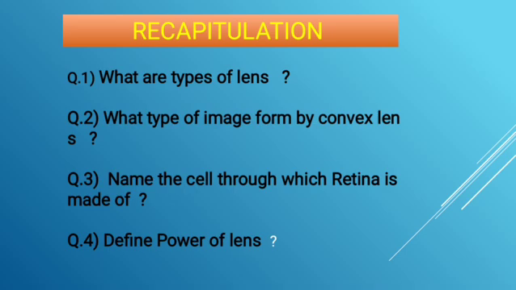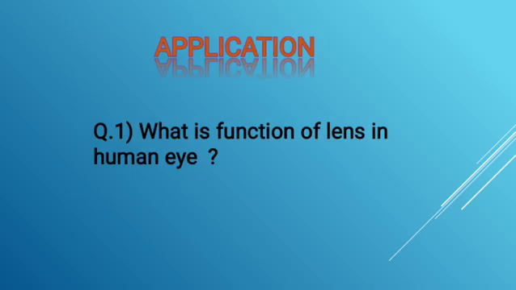So here we have a quick revision of what we have studied. The function of lenses we have learned today is how the lens in our eyes adapts to the environment so that we are able to view near and far objects properly.